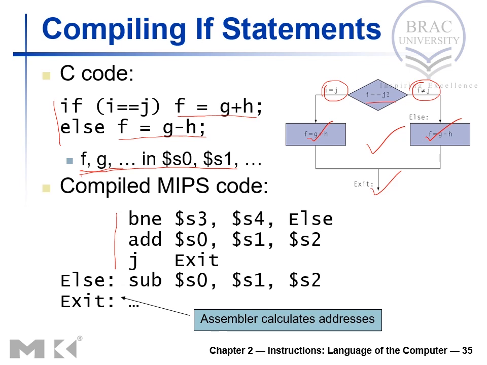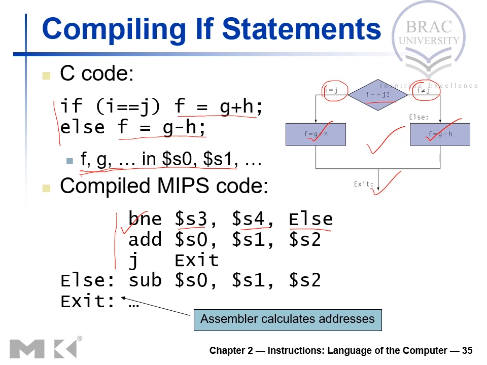So what do we have here? We have branch not equal to $s3, $s4, and else. Else is just a label. We have seen the format of a branch instruction. So else is just the label, replacing the offset.